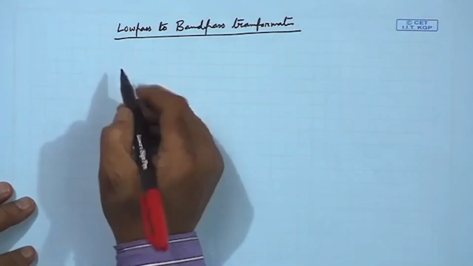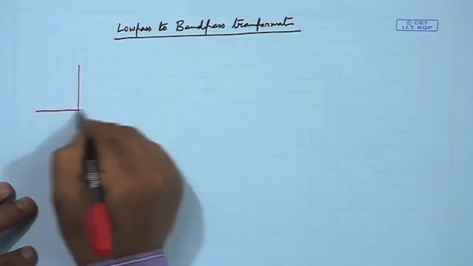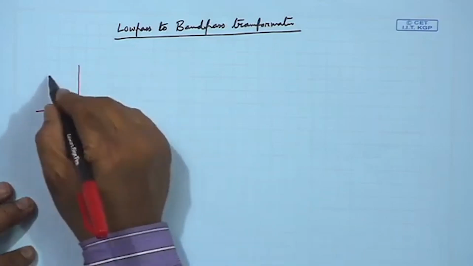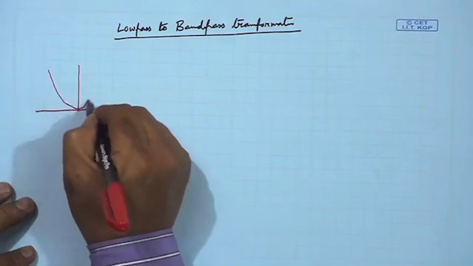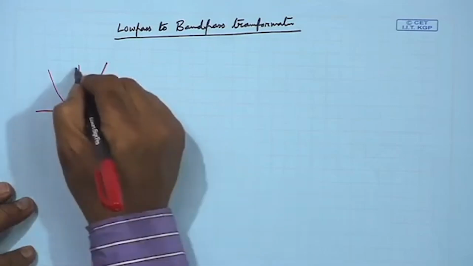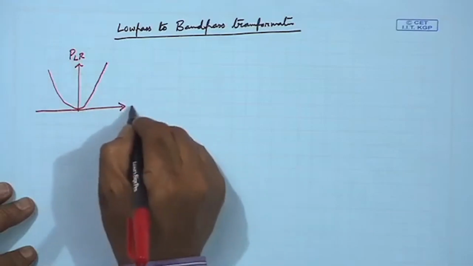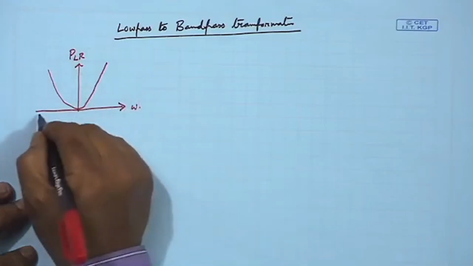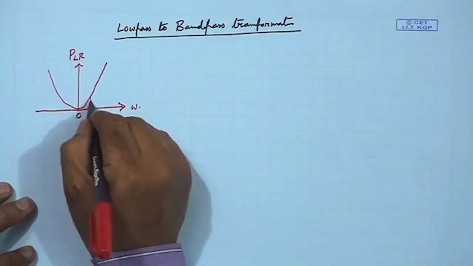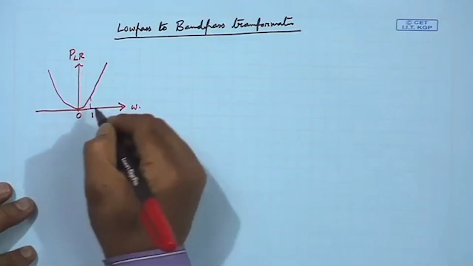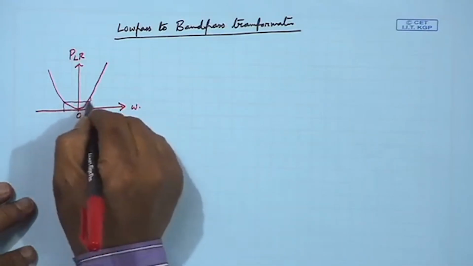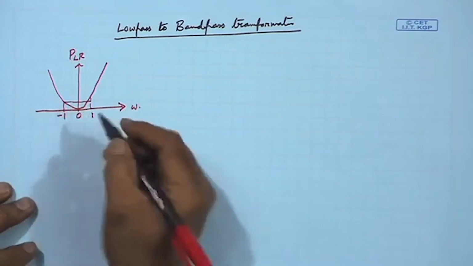So, originally, again let me draw the PLR of the prototype. This was the original PLR, this is omega, this is 0, this is plus 1, this is minus 1, this was the pass band.